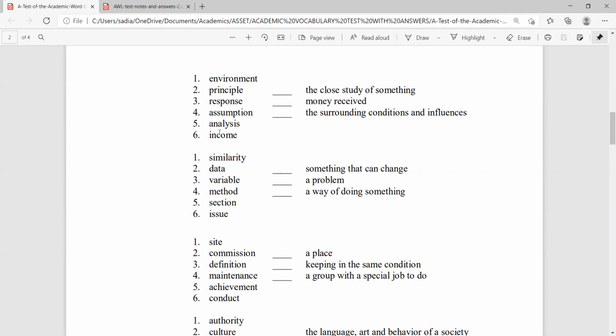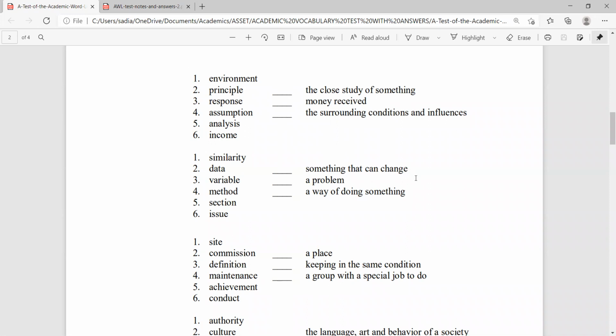For money received, you have written 6. In your notebook, you write 6 income. The next one you have written environment, you write in your notebook 1 environment. So your notebook will have the numeral and the vocabulary, the numeral and the vocabulary. This is how you're going to proceed.